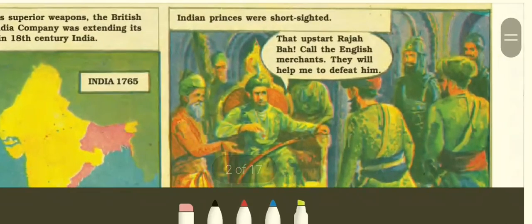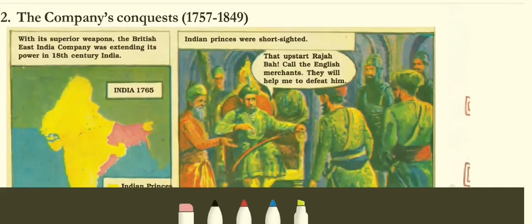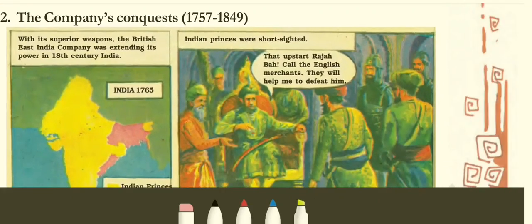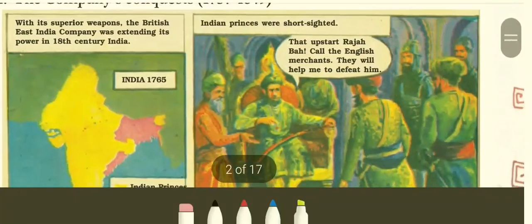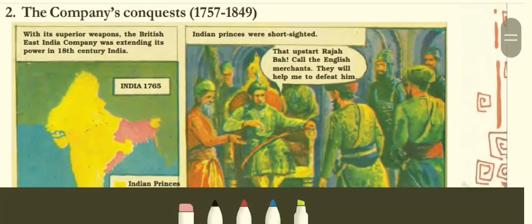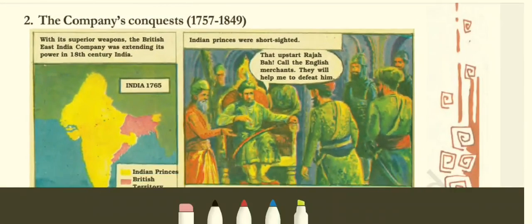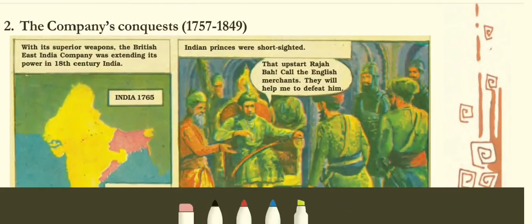So you can see in the picture clearly. I'll just zoom it up for better visibility. It says, first picture, just a sec class. With its superior weapons, the British East India Company was extending its power in 18th century India.